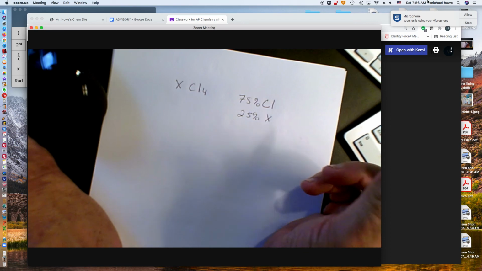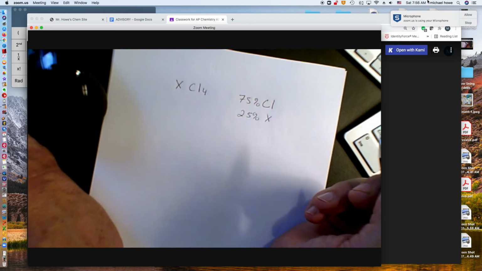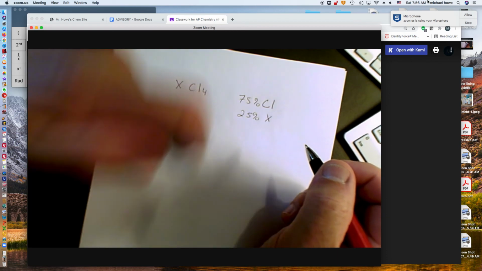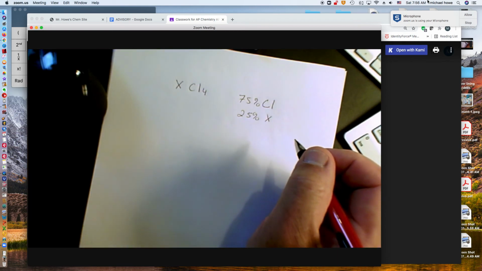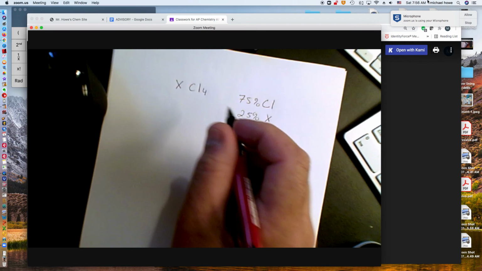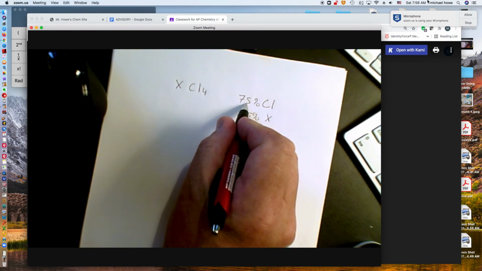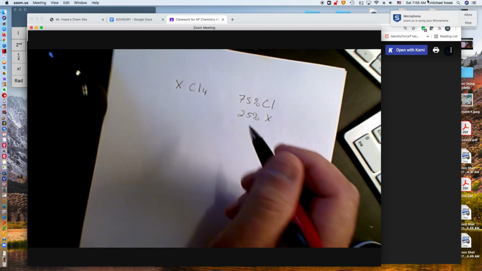I'm going to show you a couple different ways to think about doing this. The first one is the way it initially just came to me that you should think about it. You know that the weight of 4 moles of chlorine is 75% of the total weight of the compound.